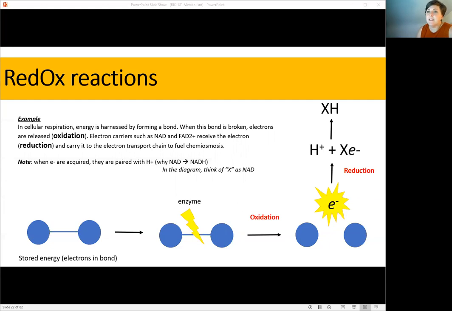When these accept the electron from glucose's oxidation, they become reduced. To balance out this negative charge, they also accept a hydrogen ion. Thus, you can identify if an electron carrier is carrying an electron if it has a hydrogen. For example, if NAD has become NADH, you know it's carrying an electron. Anyway, we're going to discuss more about this later.